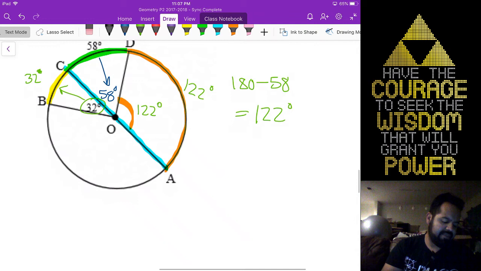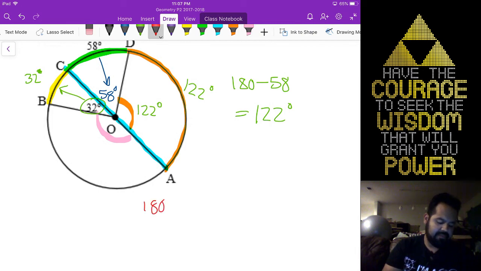We can do the same thing on the bottom section. We could say that this angle equals 180 minus 32. So that should be 148 degrees, which therefore also means that this arc here is also 148 degrees.